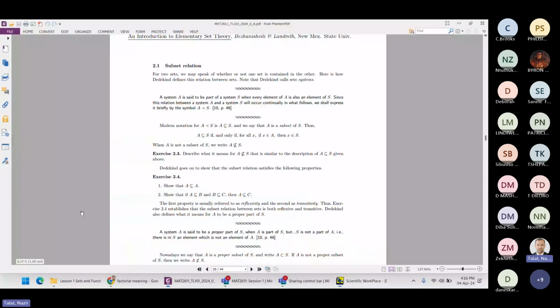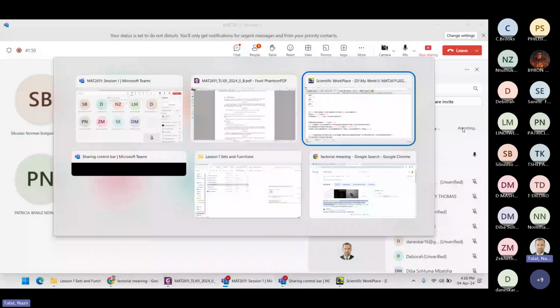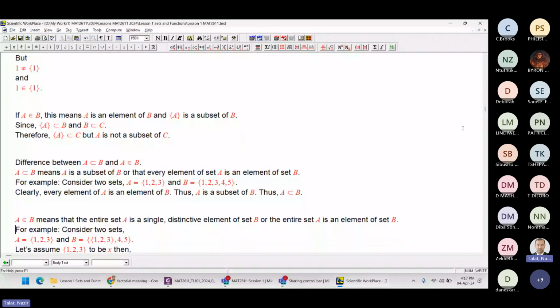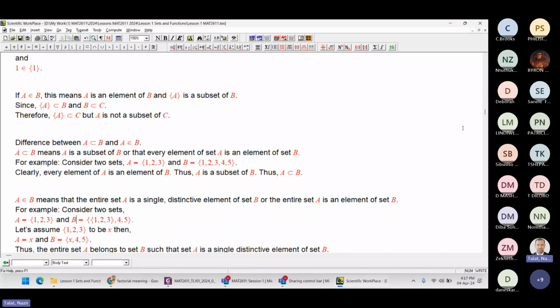If we say that A belongs to B, this means that the entire set A is a single and distinctive element of set B. For example, consider two sets: A is a set having 1, 2, 3, and B is the set whose first element is a set which contains 1, 2, 3, and the other elements are 4 and 5. It means B contains three elements, and A also contains three elements.